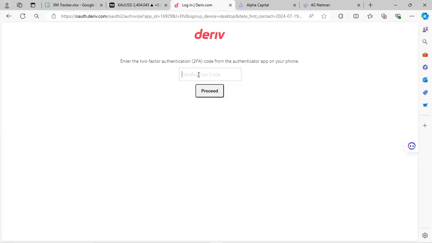Mine is protected with 2FA, that is two-factor authentication. That is, after entering the password, I'm required to enter this code before I can log in. Just a moment.